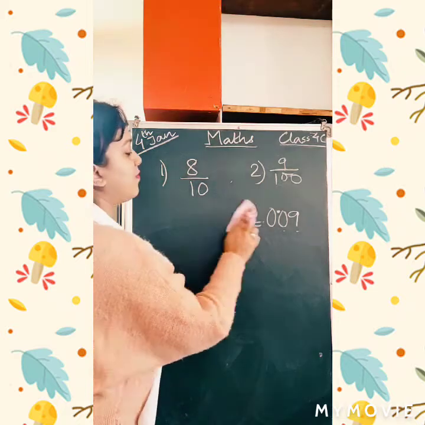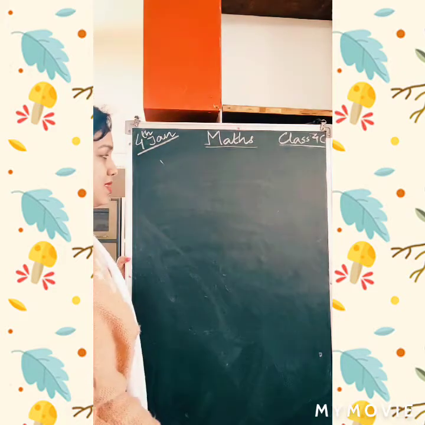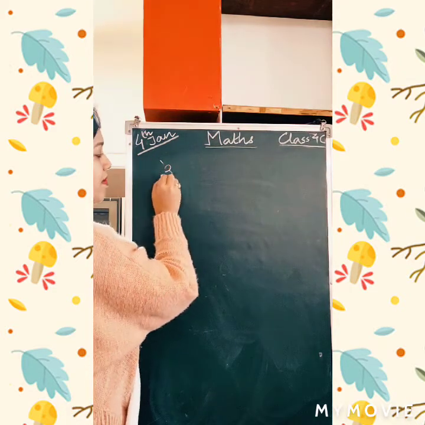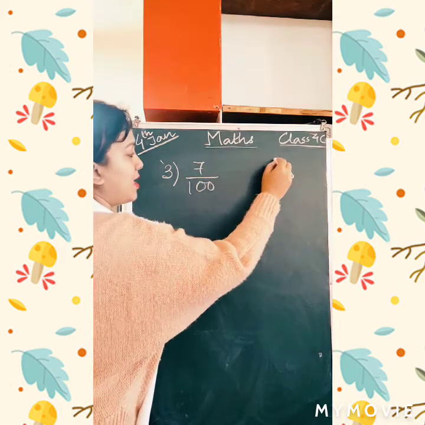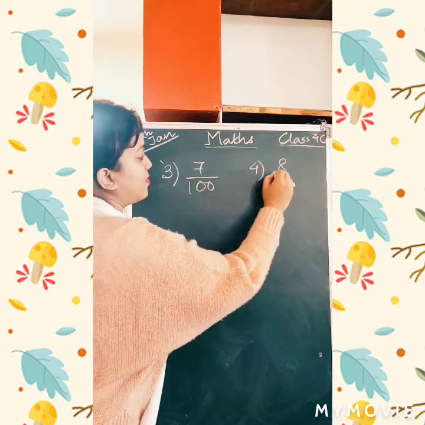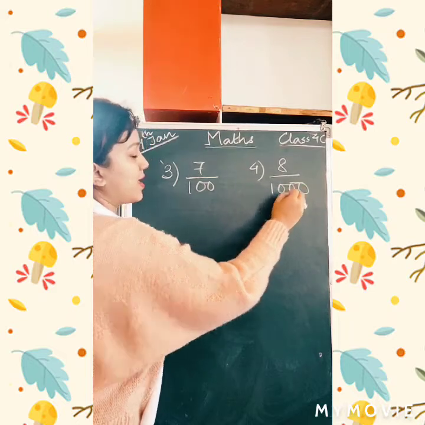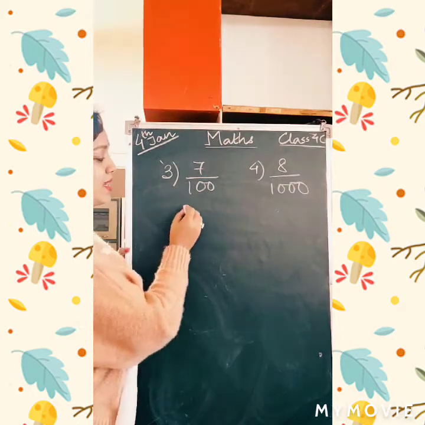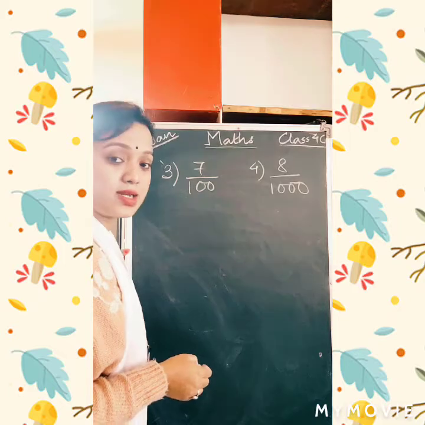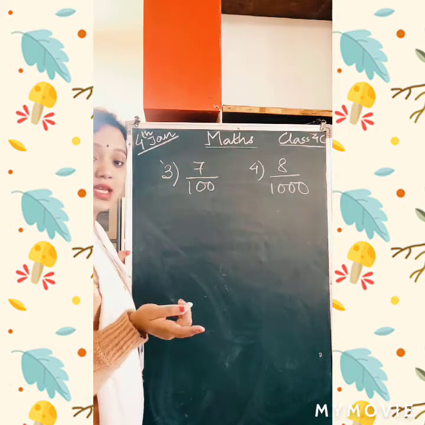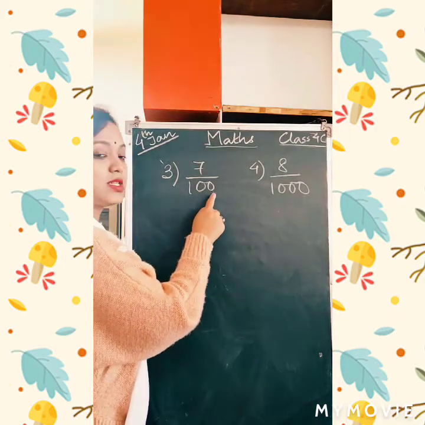Similarly, I will give you 2 more examples. See properly, okay? Number 3. Suppose you have a number 7 by 100 and you have another number 8 by 1000. Now, how many digits do you have in the denominator? Since it is 100, I have 3 digits: 1 digit, 2 digit, 3 digit.